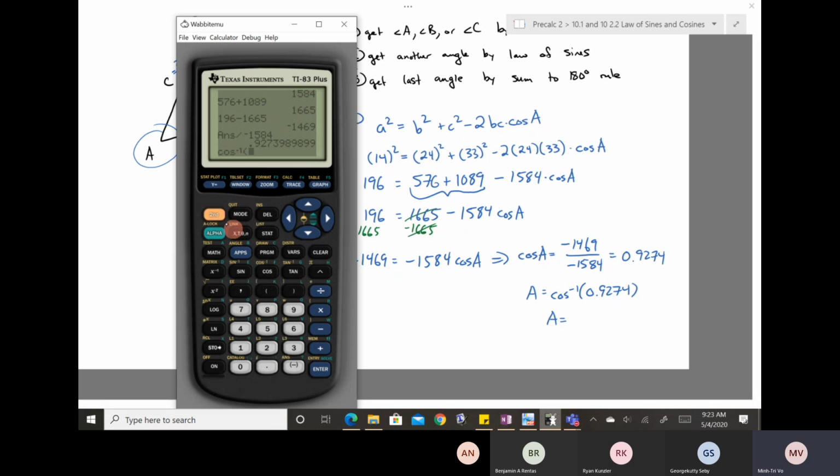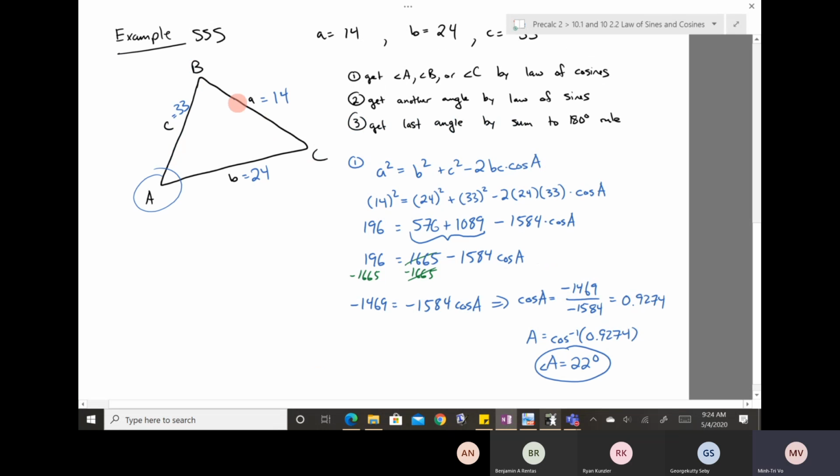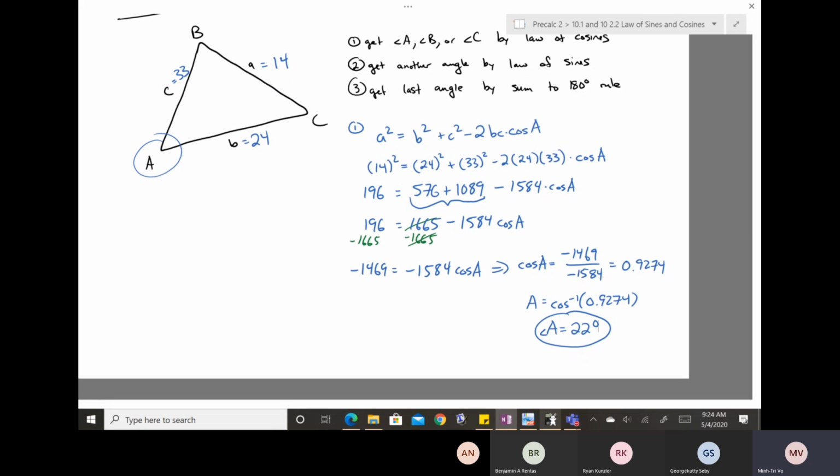Inverse cosine gives me an angle of about 22 degrees. Okay, so angle A is 22 degrees. And then now we need to figure out angles B and C.